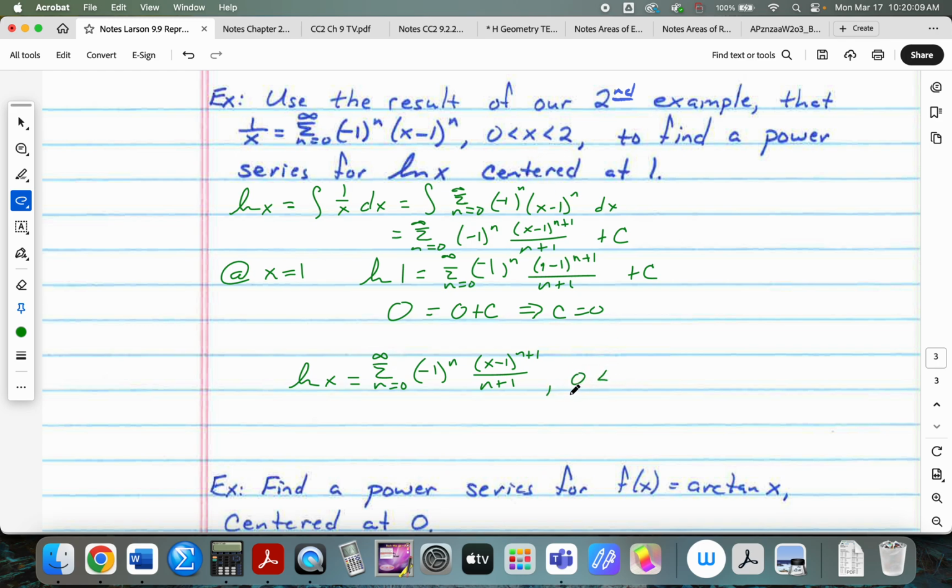I know that it cannot converge at x equals 0 because natural log of 0 doesn't exist. If we think real quickly about what happens at x equals 2, this is going to be 1 to the n plus 1, which will just be 1. So I have -1 to the nth over n plus 1, which is a converging alternating series. So it will include 2. This is one of the ways that we can find a series for something that we're interested in.